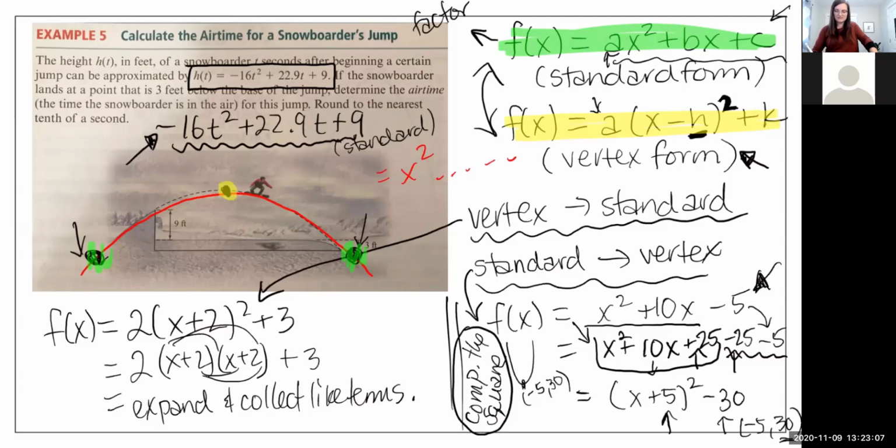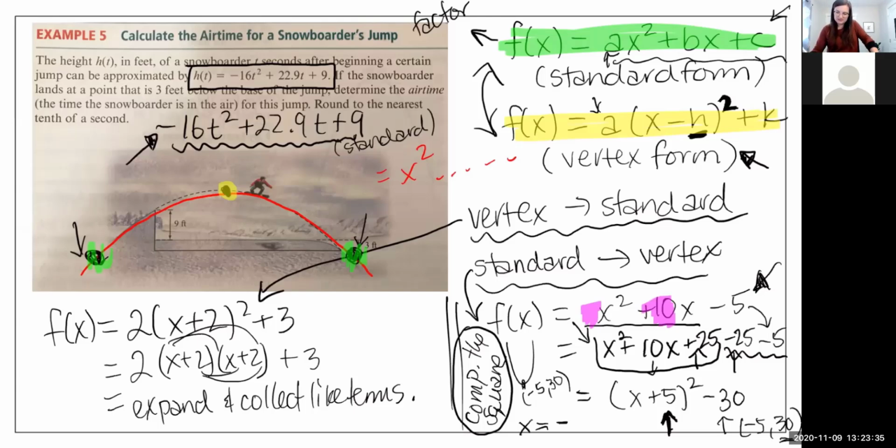So this 5 technically came from, let's see here, if this is A and B, so that X value for the vertex, it technically came from the negative of this 5, because it's always the opposite.